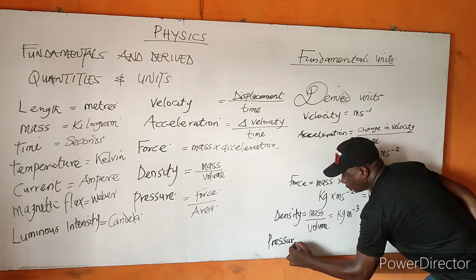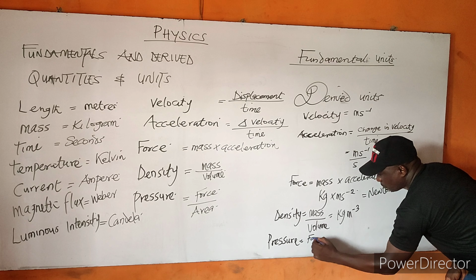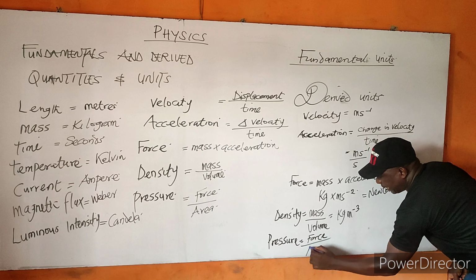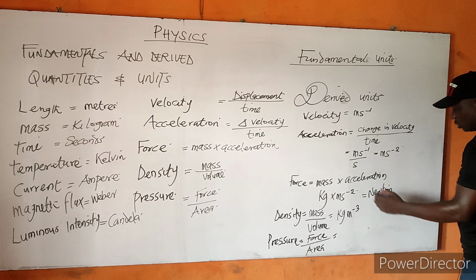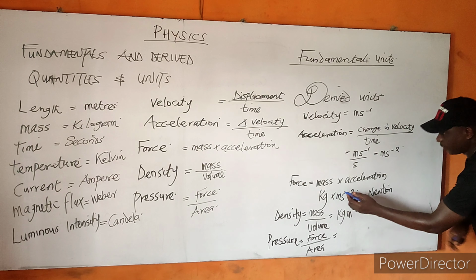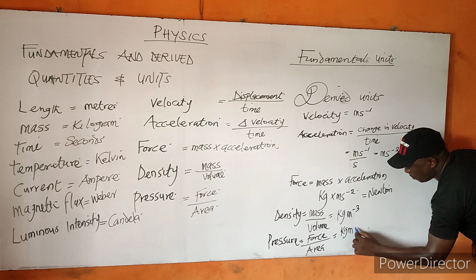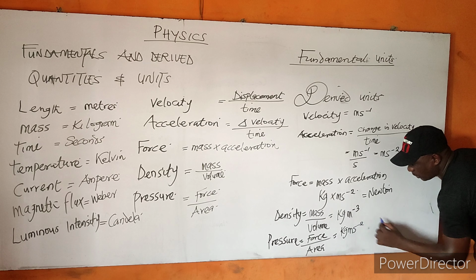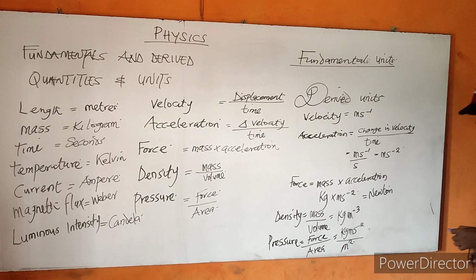And the last one, which is our pressure. Do not forget, we said pressure is force all over area. What's the unit of force? Now, of course, we have kilogram, meter per second squared, all over the area, which is meter squared.